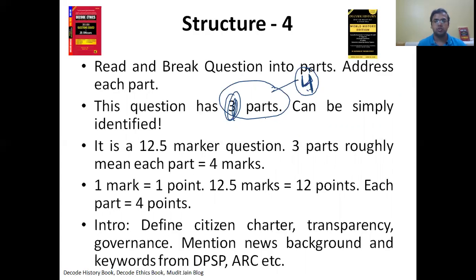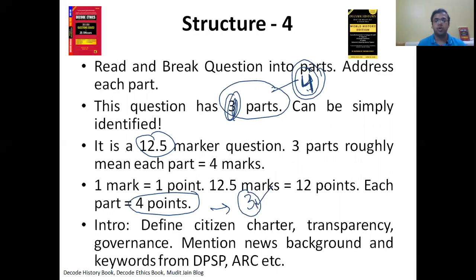Now I'll show you the impact of this small change. When I identified three parts, I had to write 4 points each because it is a 12 marker question. Now that I have identified four parts, I would need to write one less point in each subpart.